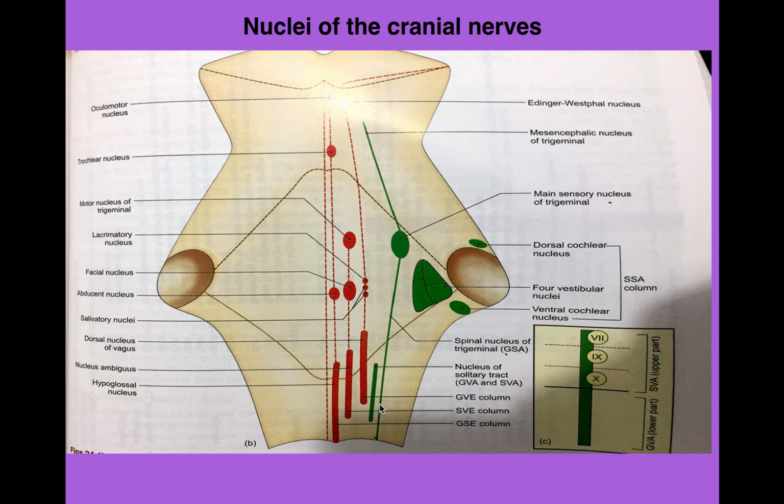And then we have the spinal part of the accessory nerve, which is extending from the C1 segment to the C5 segment of the spinal cord. And then we have the hypoglossal nucleus, which is also in the medulla.